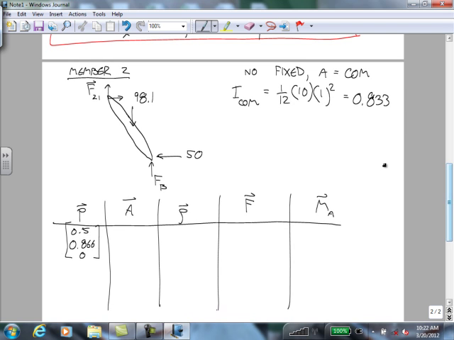Okay, what are the coordinates of the center of mass? 0.433, 0. So subtract these and you get negative 0.25, positive 0.433.